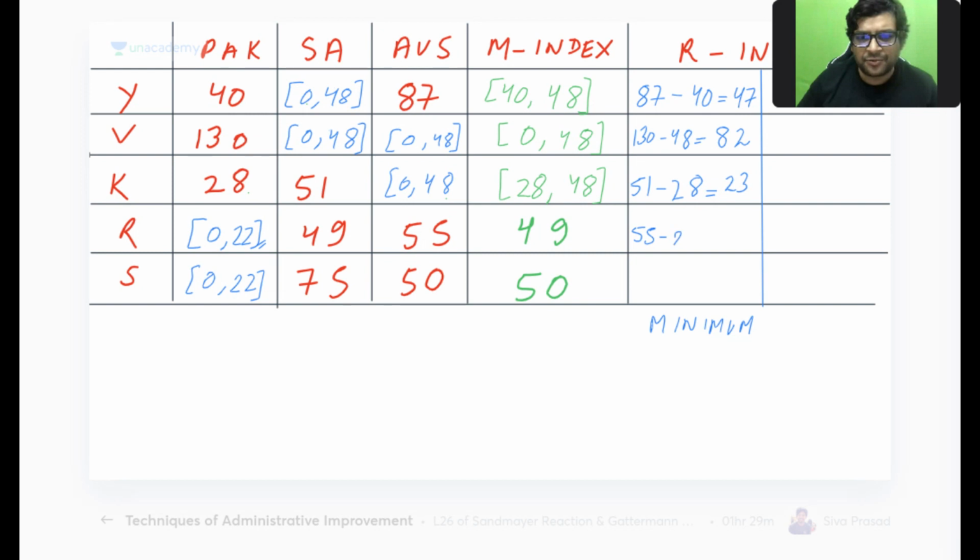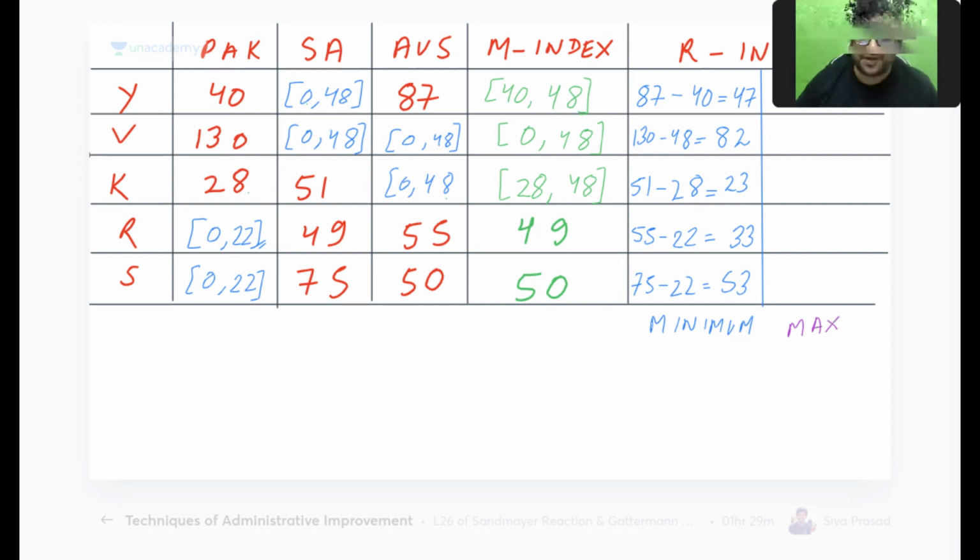You take this as 22 and you get it as 33. And in this case, what is the minimum range possible? 75 and 22, which is 53. So these are the minimum values which are possible from a range perspective.